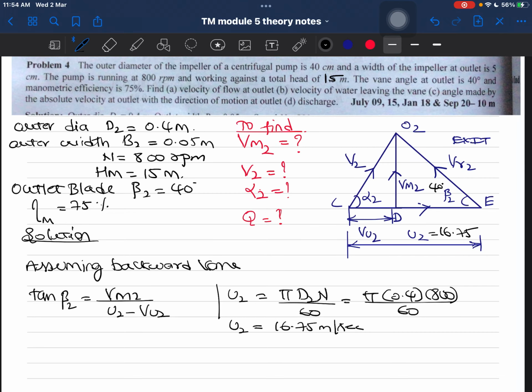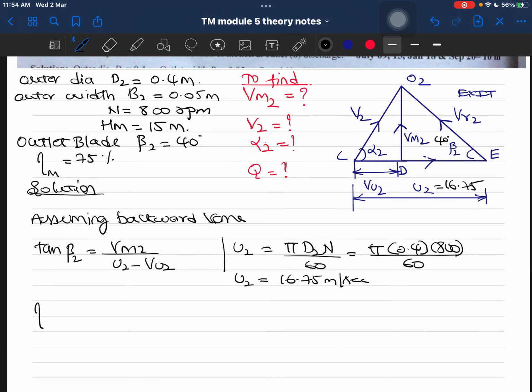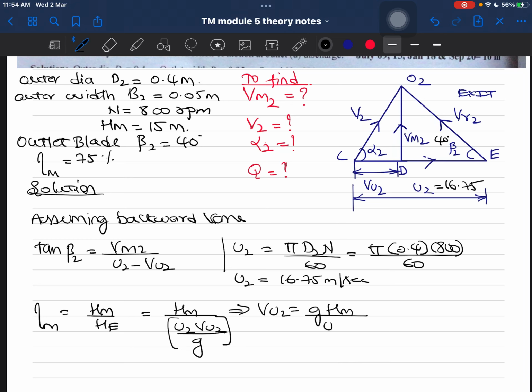Next, what you can do is use the manometric efficiency to calculate Vu2. Manometric efficiency is given by manometric head divided by Euler's head. Correct? So what is Euler's head? Euler's head is U2 Vu2 divided by g. So from this, what is Vu2? Vu2 is given by g into manometric head divided by U2 into manometric efficiency.